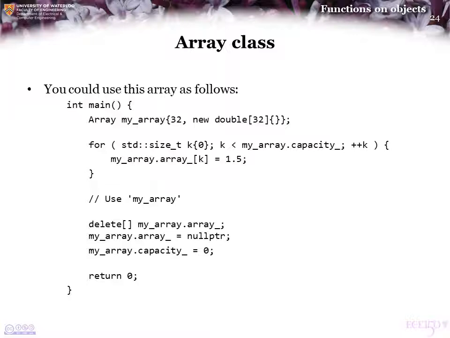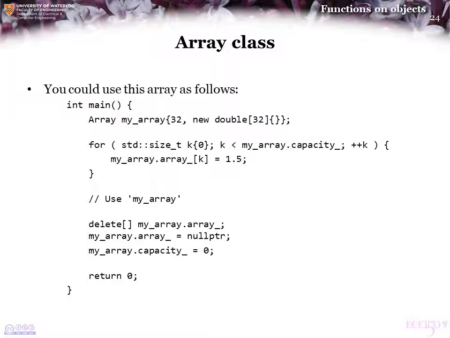So we could use this array class as follows. First, we declare my array to be an instance of the array class, and we initialize the two member variables in order. First, my capacity is set to 32, and the array member variable is initialized with the address of a new array of 32 doubles.